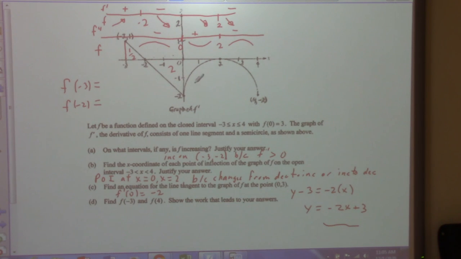Because you went down 2, you probably had to be 5, right? So you had to start at 5, and then we went up 1/2, so this is going to be 4.5. So f of -3 is 4.5, f of -2 is 5. We went down 2, and that's how we got to f of 0 equals 3. And that says find f of 4.